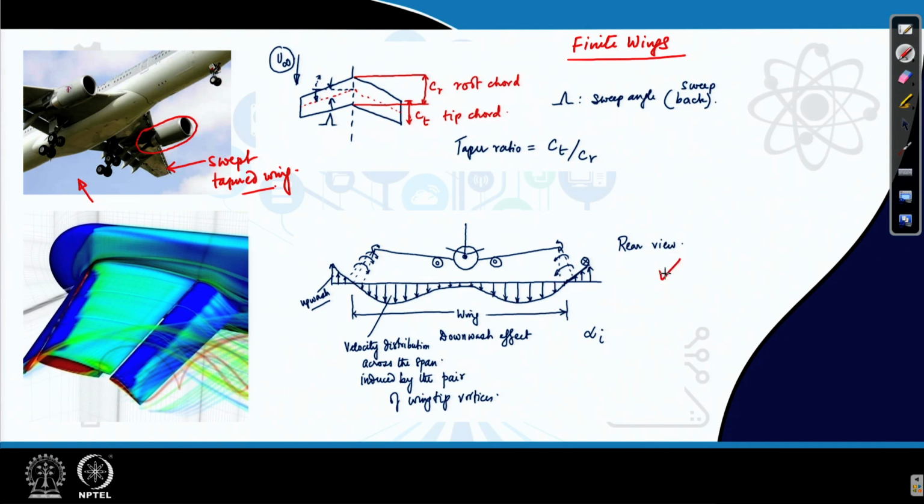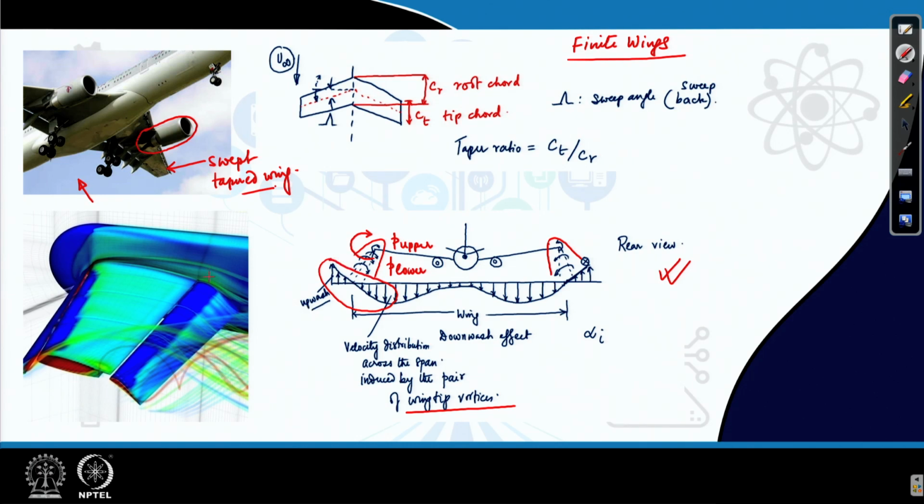We had earlier discussed the concept of wing tip vortices with respect to finite wings, how it develops and trails behind the aircraft due to the pressure imbalance between the lower and upper surfaces, because of which the flow tends to roll up from the lower to the upper surface, and as a consequence there is a velocity distribution near the wing tip of this kind.